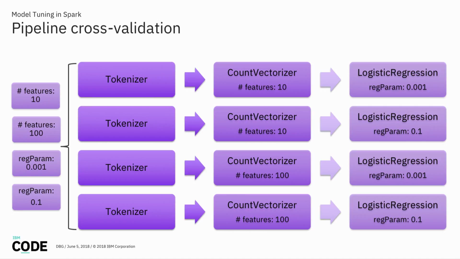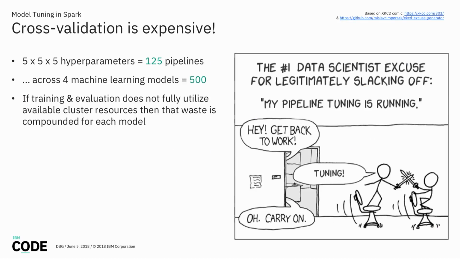So it's a sequential process, and it does each one until all 4 of these have been evaluated. As we start adding more and more hyperparameters that we want to search for and adding more stages to our pipeline, we can easily end up racking up all kinds of different models that we need to evaluate. And this makes cross-validation really expensive.